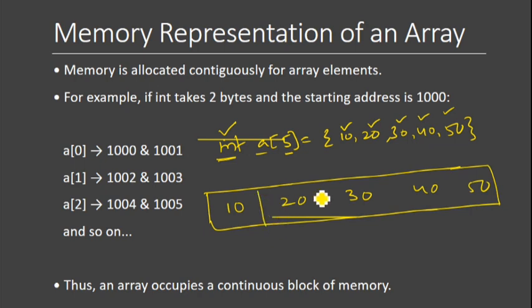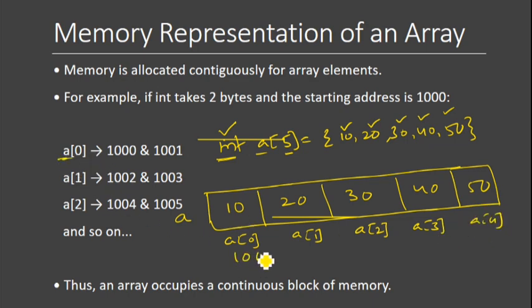Internally, memory will be allocated for this array under the name a, because a is a variable. Let us assume the first is a[0], then a[1], a[2], a[3], and a[4]. The starting address of a[0] is 1000.